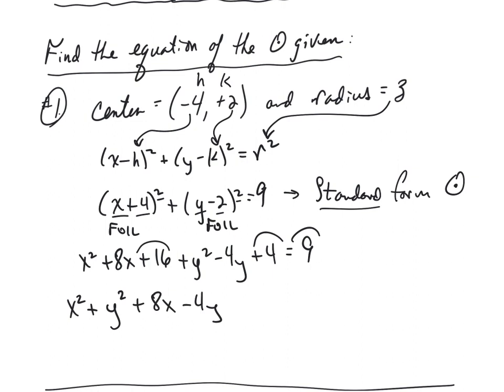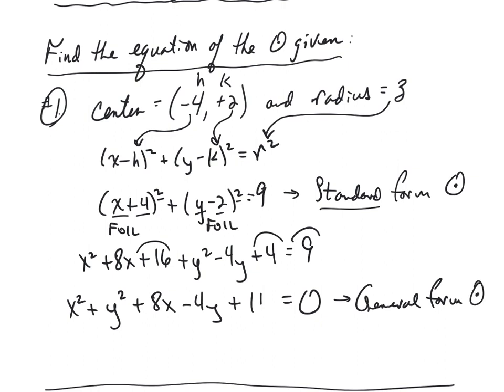On the left-hand side, we have 16 + 4 + 4, which is 24. But to get 0 on the right-hand side, we'd need to move that 9 to the other side. So 24 - 9 is 15. And that would then be the general form for the equation of the circle.